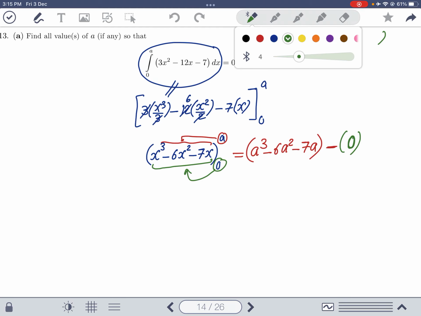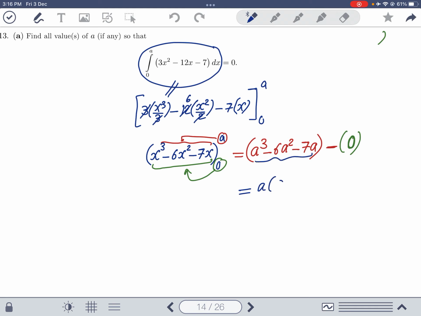So the entire thing now gives you what? It will give you just this, and a is a common factor actually. So this will be a into a squared minus 6a minus 7.